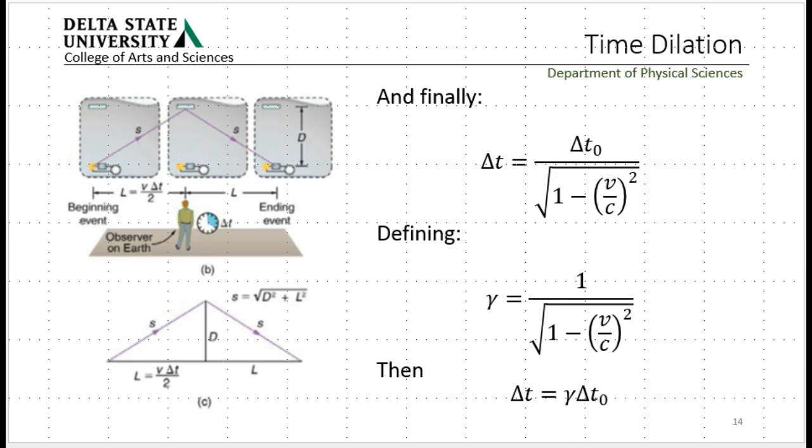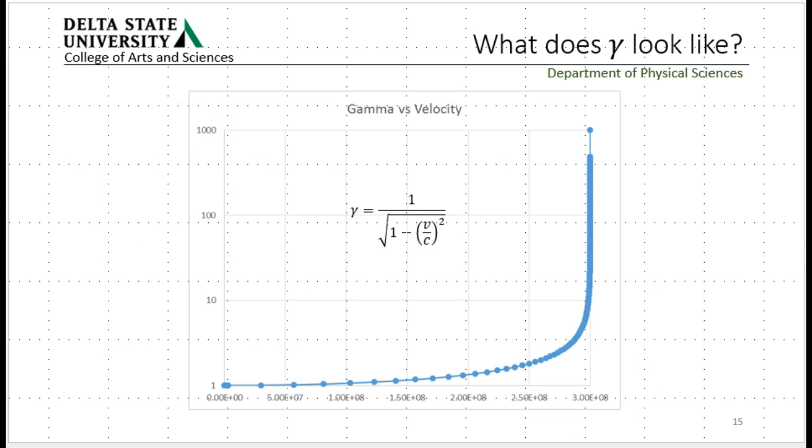So what does gamma look like? If you'll notice, I plotted out gamma here for you, and I've done it with a log scale over here, so you can actually see some of the change in gamma. Here are the velocities down here. This is the speed of light, 3 times 10 to the 8th. So at 0.5, we've not moved much.